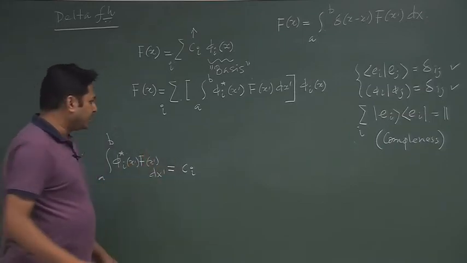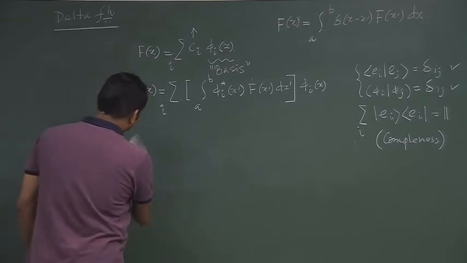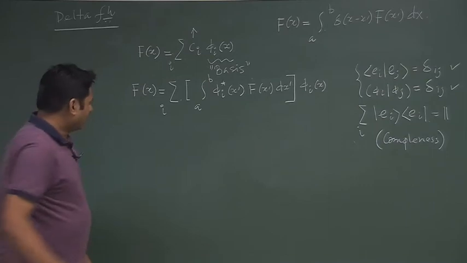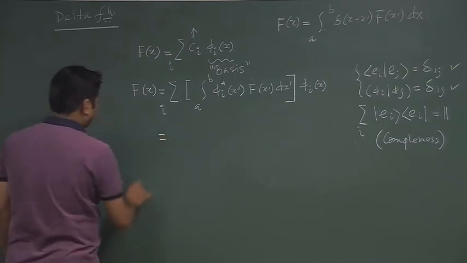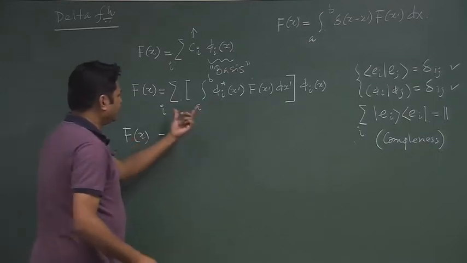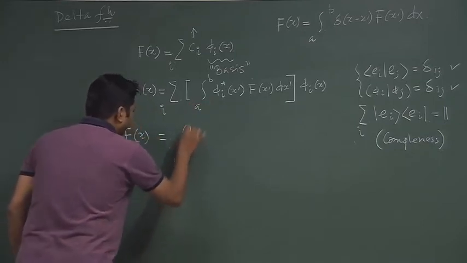Now, in the next step I just change this integral sign, take it outside, a to b, I write it this way.